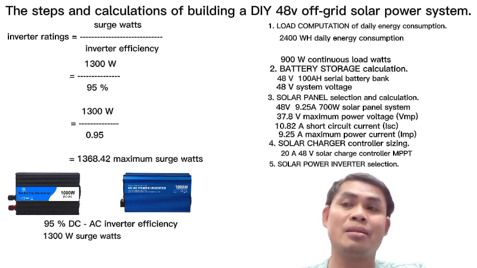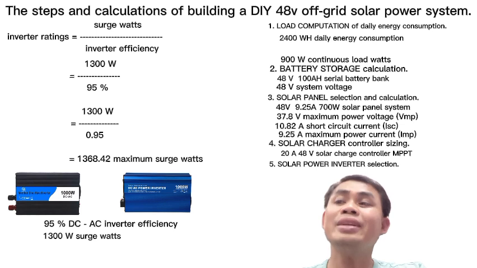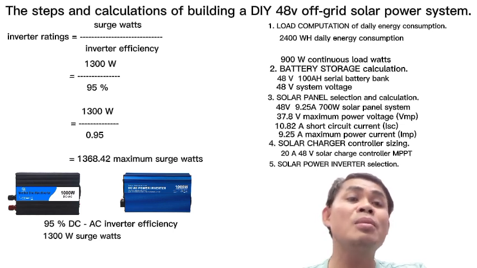So we have 1,300 watts divided by 0.95, which is equal to 1368.42 watts as a maximum surge watts.